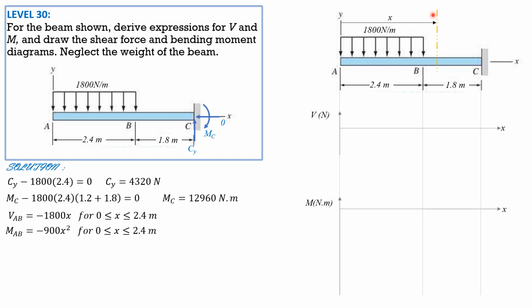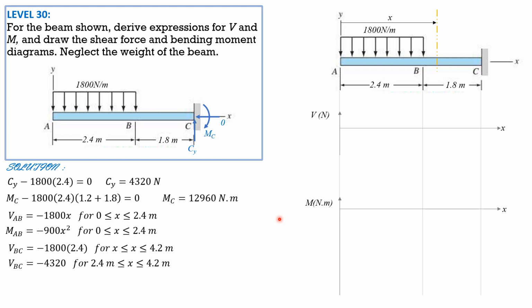And in this section, shear is simply negative 1800 times 2.4. And it is constant. So shear in BC is negative 4320 newtons for 2.4 meters less than or equal to x less than or equal to 4.2.